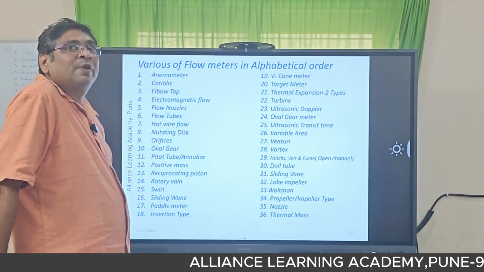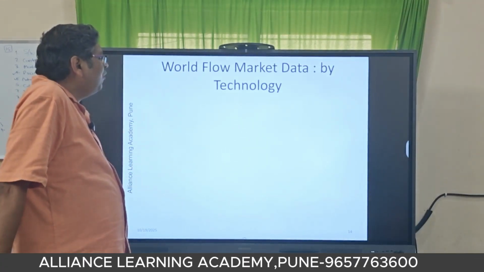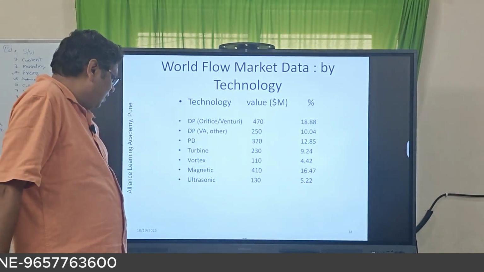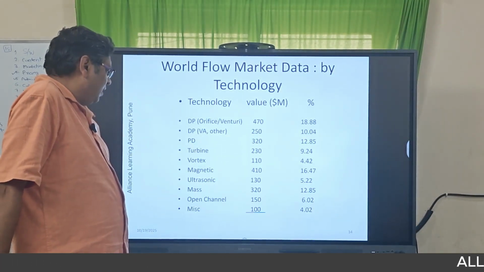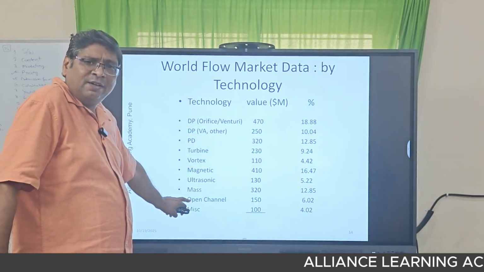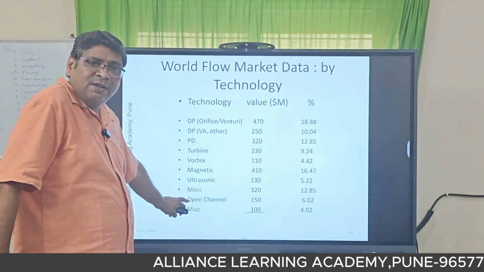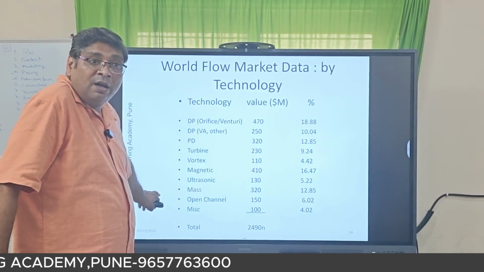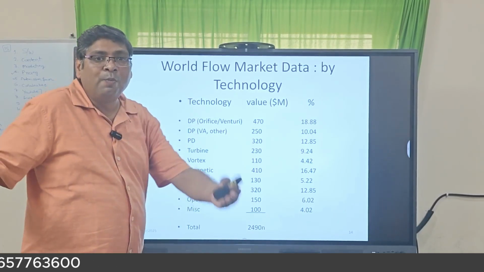Now, world flow meter data by technology. Some data is old, but it is still applicable. So this is the data. Open channel flow meter, you have seen that. It means canals, weirs, rivers, streams. If I want to measure those, that is open channel.